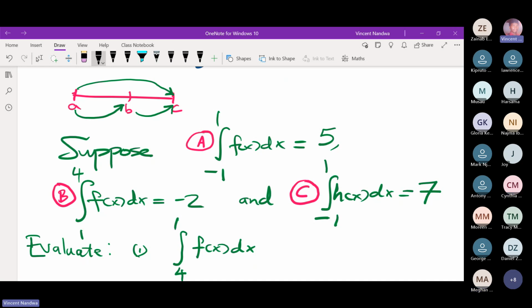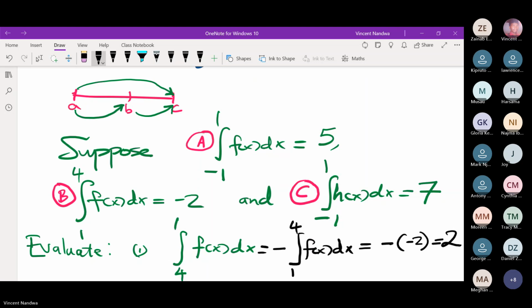So this by definition will be negative of the integral from 1 to 4 of f of x dx, which will be negative of the answer from the question, -2. So finally the answer will be positive 2.